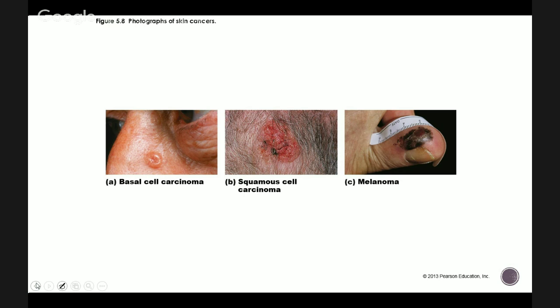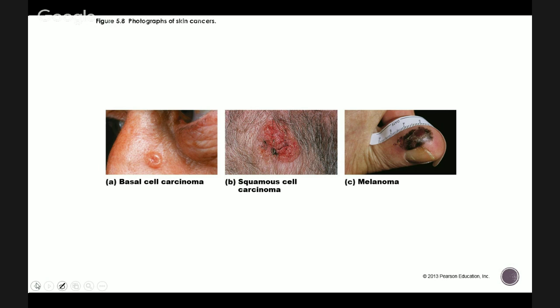Okay, so what are the ABCs of cancer? What's the first one? Asymmetry. Yeah, asymmetry. So if you look at something, this is trying to determine whether something might be dangerous or not dangerous. So you're asking yourself, okay, I've got something on my skin. Is it dangerous or not dangerous? Okay, you kind of determine this. So asymmetry.